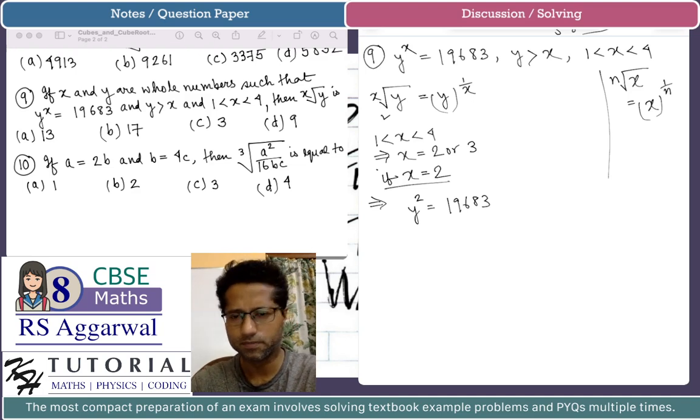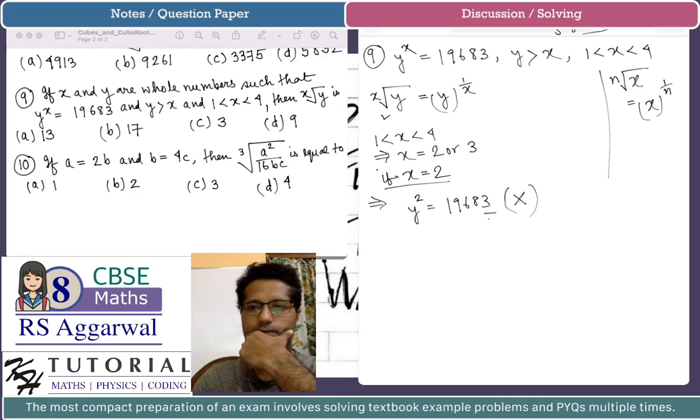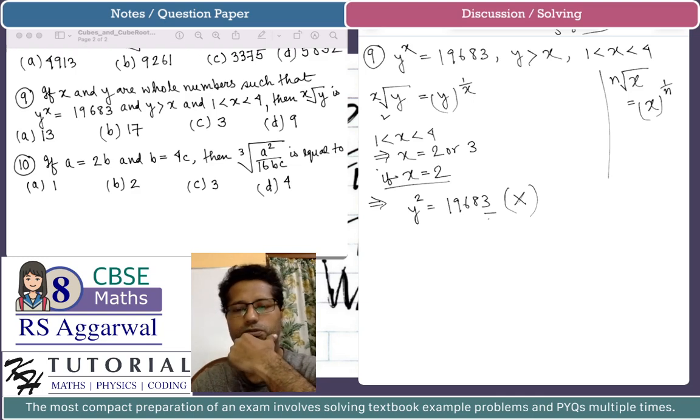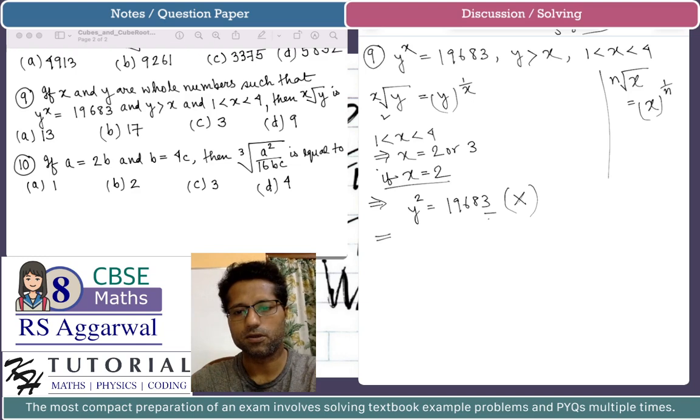This cannot be the case, because we know that the square of any natural number cannot end with the digits 2, 3, 7 or 8. Any natural number ending with the digits 2 or 3 or 7 or 8 cannot be a perfect square. So since 19683 cannot be a square, x cannot be 2.